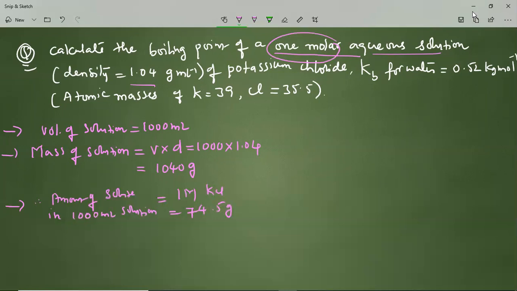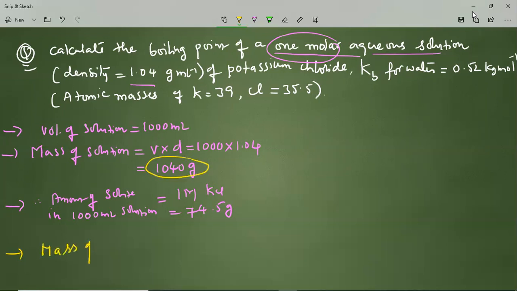Now we got 74.5 grams of potassium chloride, which must be subtracted from the solution mass to get the mass of solvent.